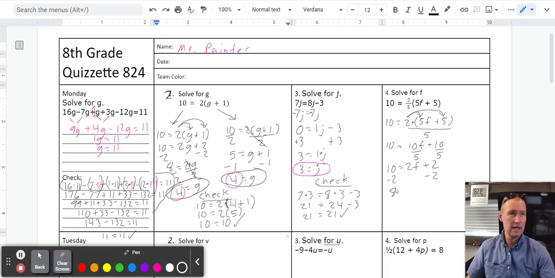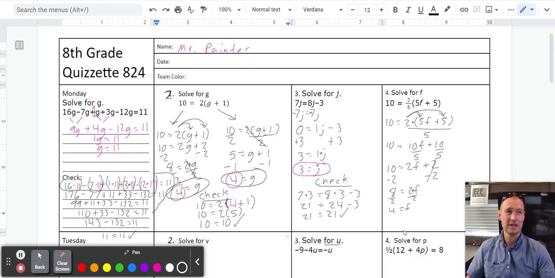So we got 8 equals 2f, and the 2's canceled out there. And last step, we're going to divide by 2. Divide 2, divide 2. So 8 divided by 2 is 4 equals f.